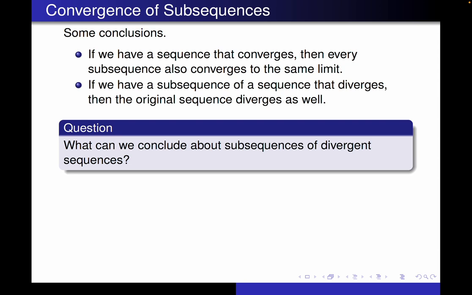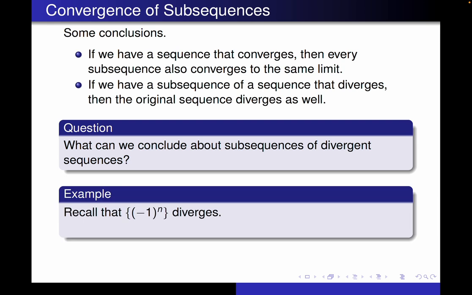Now we want to look in the gray area. What happens if we have a divergent sequence? What can we say about the subsequences of that? Do they converge? Do they diverge? Well, if we look at the example of negative 1 to the n, this is just a sequence that flips back and forth between negative 1 and 1.